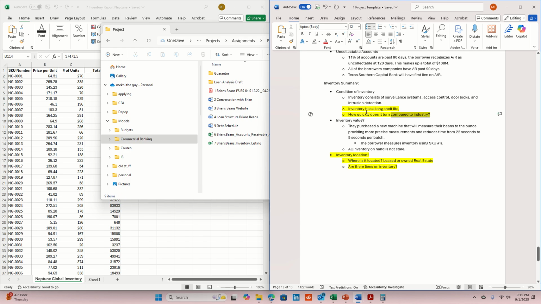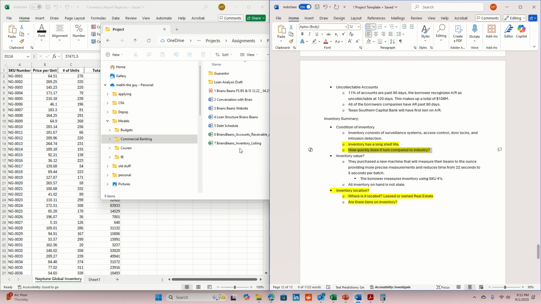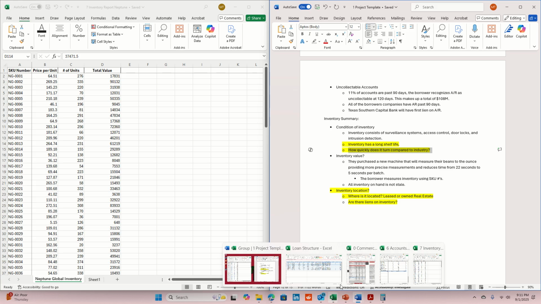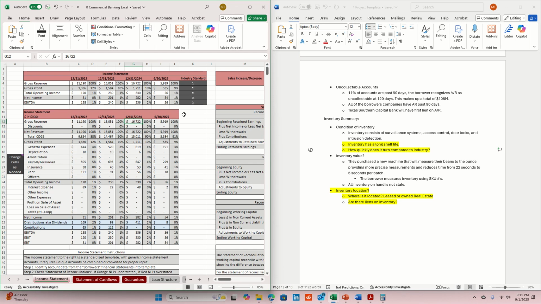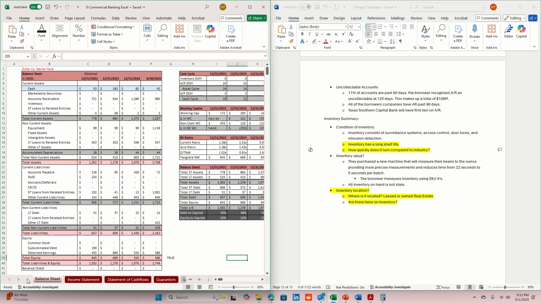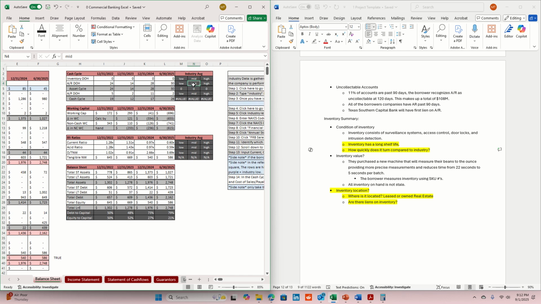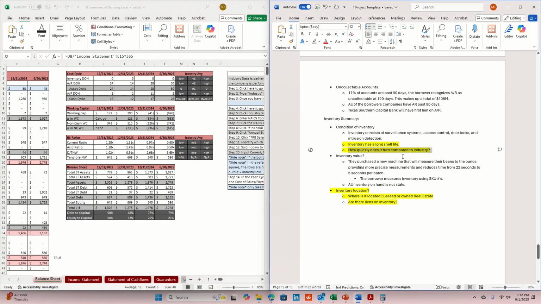Okay, how quickly does it turn compared to the industry? So you guys are going to need to know this. Now, for the sake of this one, I'll just make up a number, but I'll show you how to do that later. Anyways, we'll say AR days on hand is 48 days for the sake of keeping this simple. So my company's inventory is 0. How does it compare to industry?